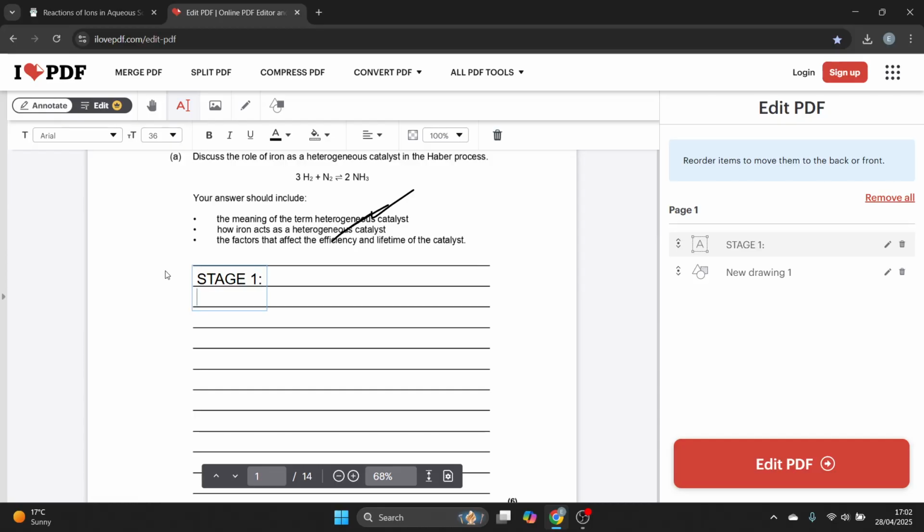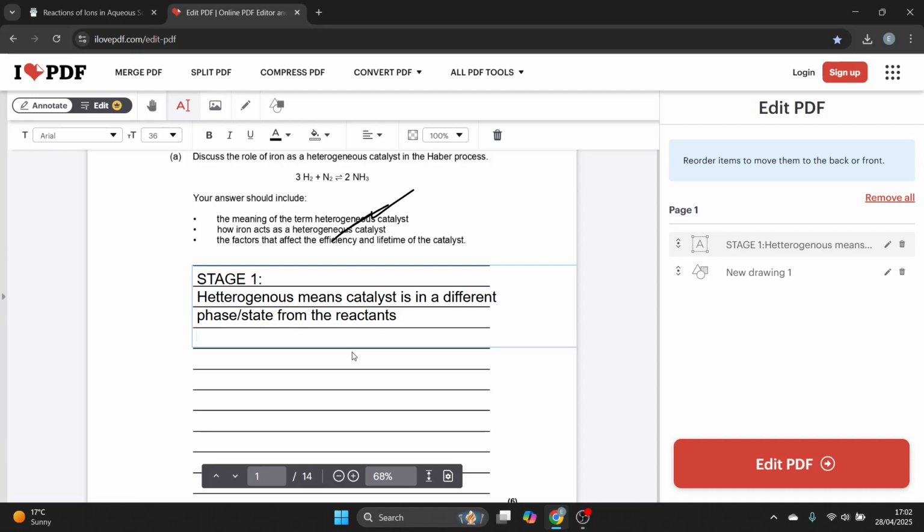So stage 1. Can you guys hear me? Yes, you can. Stage 1, heterogeneous means the catalyst is in a different phase/state from the reactants.